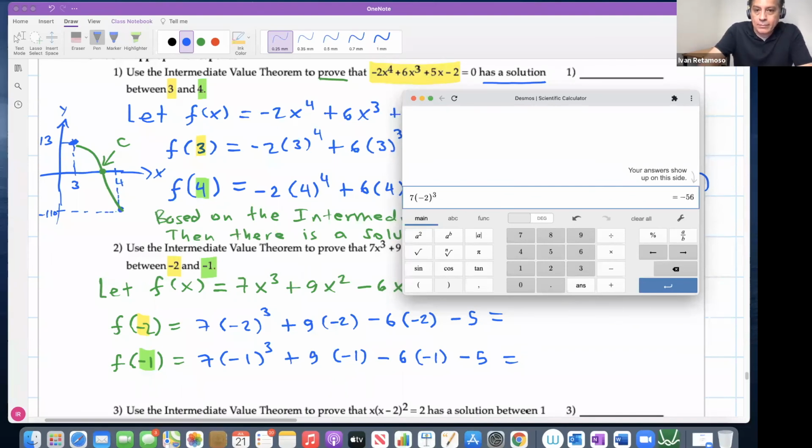Plus 9 times, and to avoid using the multiplication sign, I'm just writing next to 9 the input value -2 within parentheses. Minus 6 times -2 within parentheses, minus 5.